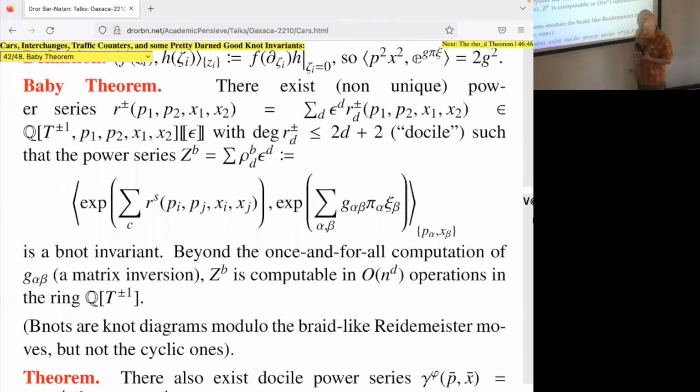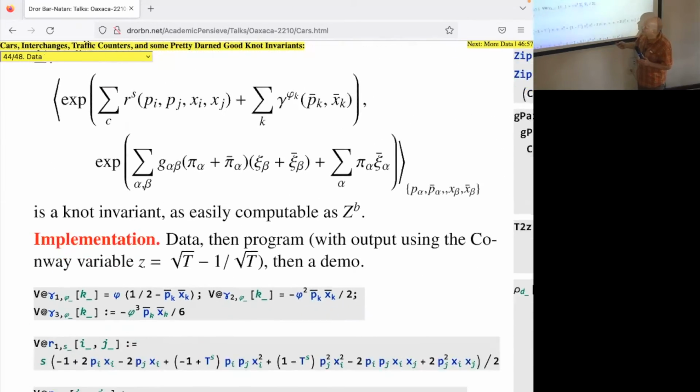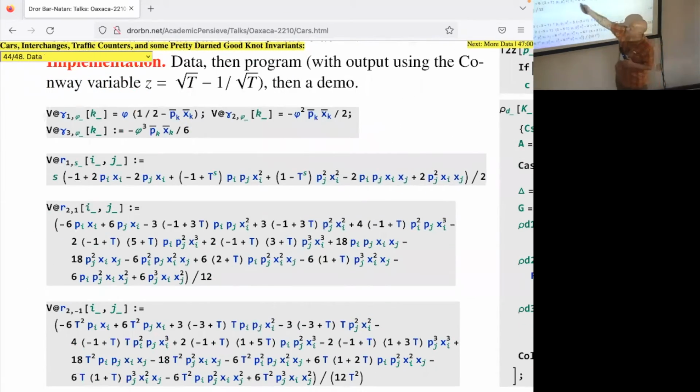So quantum algebra gives you something more specific than polynomials in the G alpha beta, namely, it gives you polynomials in the P's and X's, and out of this, by some mechanical procedure, you can get polynomials in the G alpha betas.